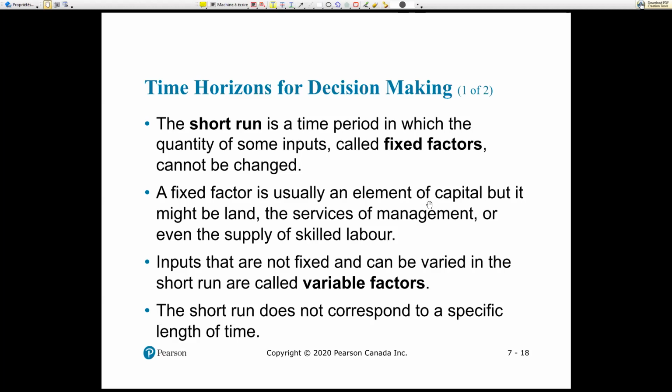You can see it's usually capital, but it may be land, services of management, or even the supply of skilled labor, because it may take time. Say you're a university and you want to open a new position, then it takes time to hire new people.